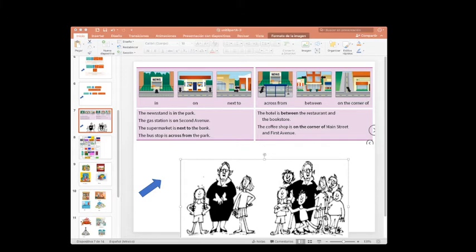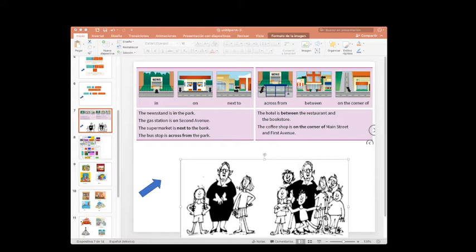Page 77, Exercise 3. Grammar. Prepositions of location. In, on, next to, across from, between, on the corner of. The newsstand is in the park.